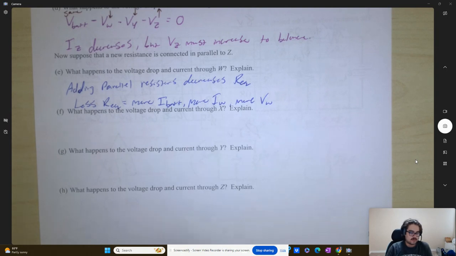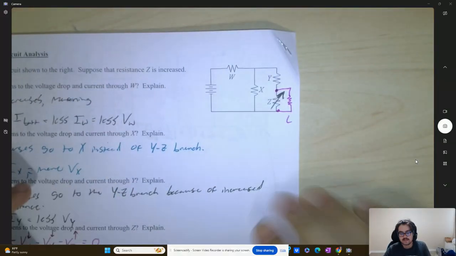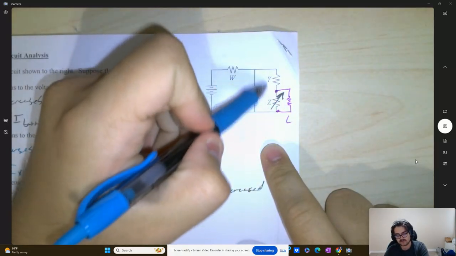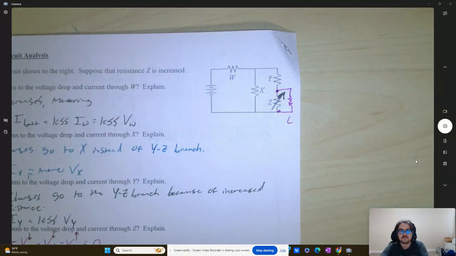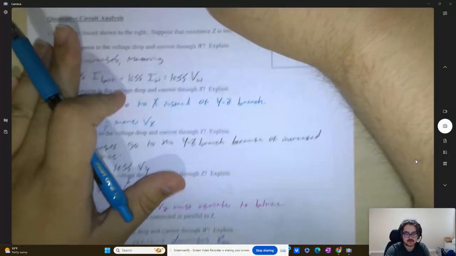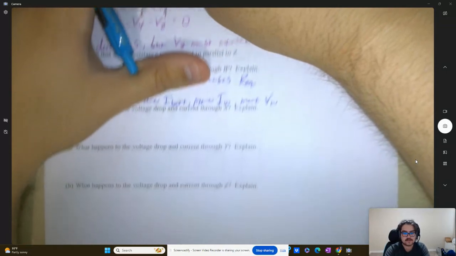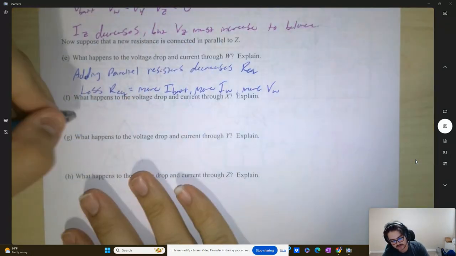What about the voltage drop and current through X? What's actually changed, if you look at the circuit up here, is that this additional resistor has effectively decreased the equivalent resistance of just the YZ branch. The effective resistance of the YZ branch has decreased because we added something in parallel. When we calculate that, we would do 1 over the value of L, and that would decrease the equivalent resistance. Even though we added a resistor, it decreases the equivalent resistance. So we would say less resistance in the YZ path.